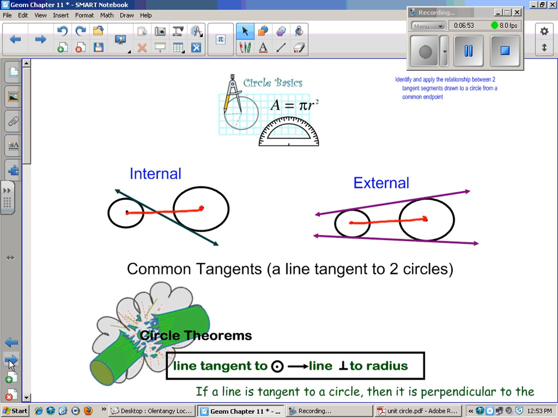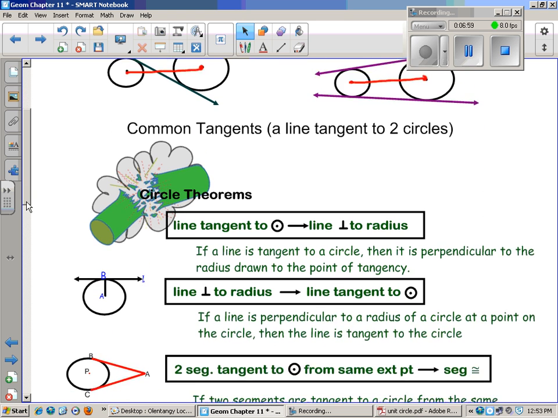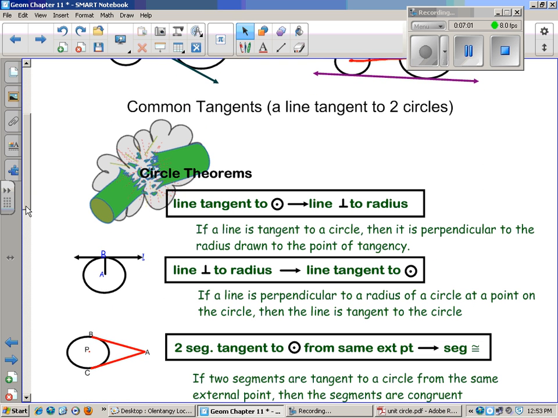All right, now we get to the meatier part of tangents, stuff we can calculate with. This is the relationships of radii and tangents. Okay, so the first theorem is if a line is tangent to a circle, just like this line L is tangent to circle A, the line is perpendicular to the radius that you draw to the point of tangency.